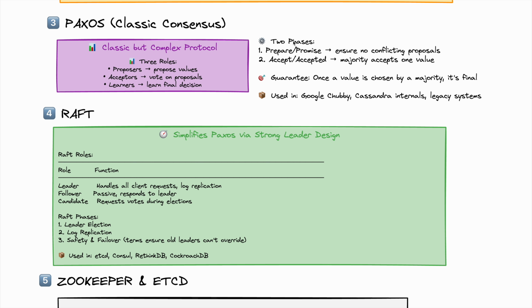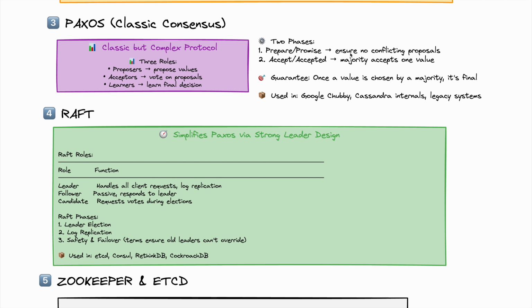So what are the phases? In general, we have two phases. The first one is prepare and promise, and we are ensuring that there are no conflicting proposals. Let's say we are proposing the value 5 again, as in our previous example. We get the promise from all the acceptors that they will accept the value.